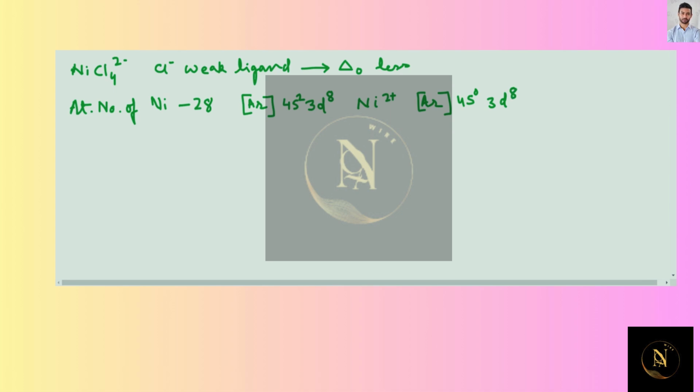So, how is the splitting taking place? When the coordination number is 4, splitting is just opposite of octahedral splitting.